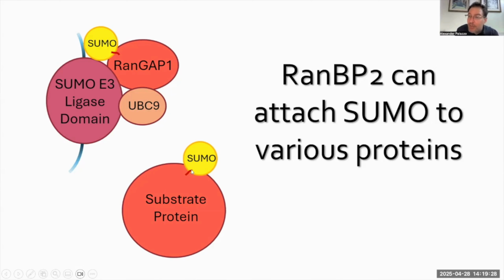It's likely triggered by things, but at this point we really have no information as to what triggers that. It's likely that this type of SUMOylation event is nondescript, but we have some reasons to think that it may actually be regulated depending on whether the cell is triggered by various conditions, such as perhaps viral infection.